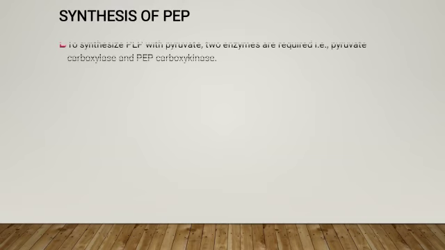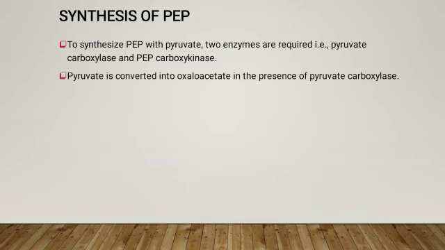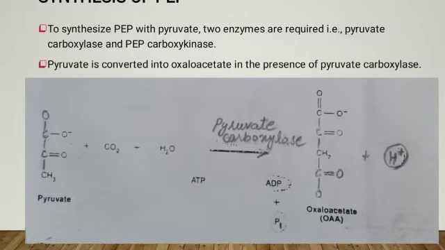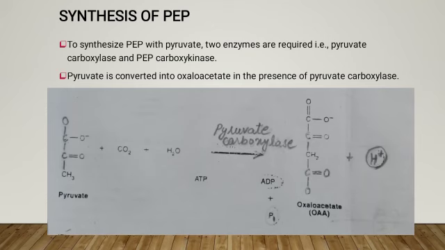Synthesis of PEP. To synthesize PEP, we require two enzymes: pyruvate carboxylase and PEP carboxykinase. Pyruvate is converted into oxaloacetate in the presence of pyruvate carboxylase.